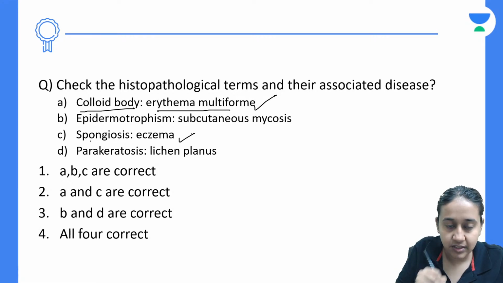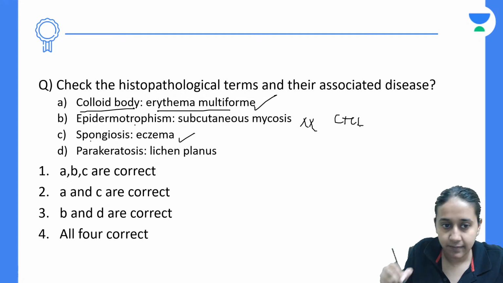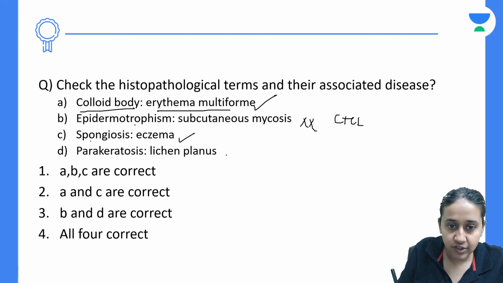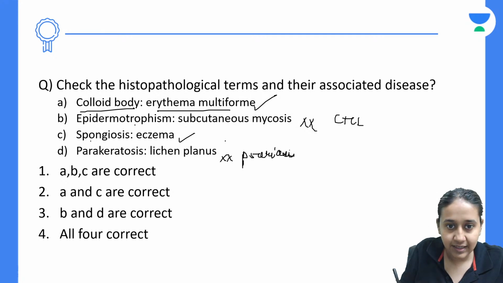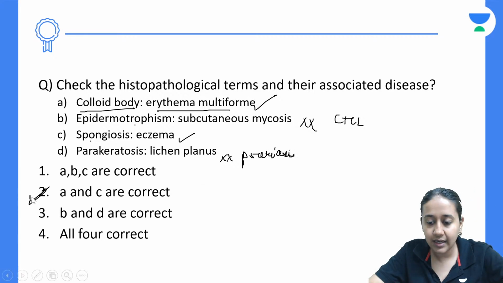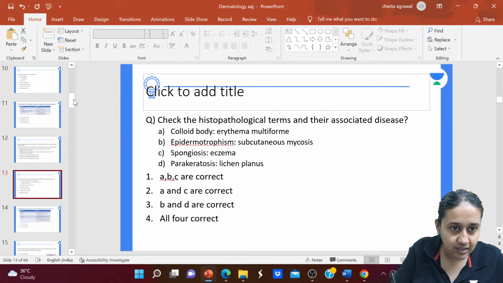Spongiosis is a feature of eczema, this is correct. Epidermotropism is a feature of cutaneous T-cell lymphoma. And parakeratosis is a feature of psoriasis, not lichen planus. So please remember the correct answer of this question is A and C. Is that clear to all of you?